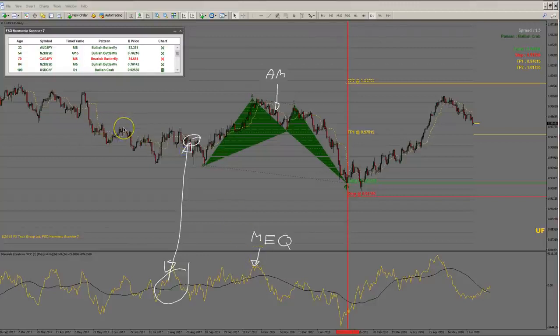The angular momentum indicator won't work without the Maxwell equations indicator, and the Maxwell's equation indicator won't work without the angular momentum indicator. So if you use these indicators and drop them on any chart, do it always together. Okay, short introduction. But now let's get back to the trading confirmation.